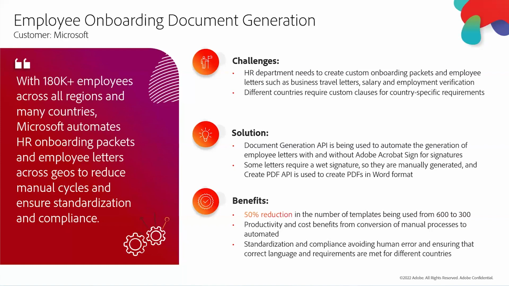How it helped them was it reduced the number of templates from 600 templates that they initially had to 300 templates. So it was easier for the internal teams to manage the different templates or the template variation they would have initially, right? Of course, there was productivity and cost benefit because this entire process, which was manual, was now automated.